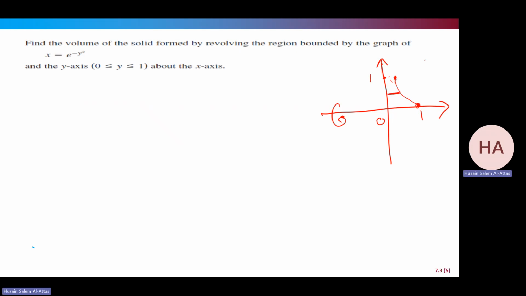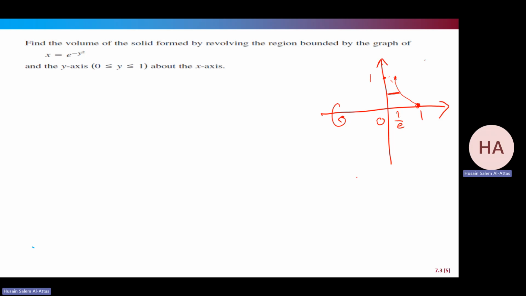I'm just sketching the graph. This is 1 over e. If x is 1 over e, then y is 1. I don't know the graph exactly, but I'm just sketching it.